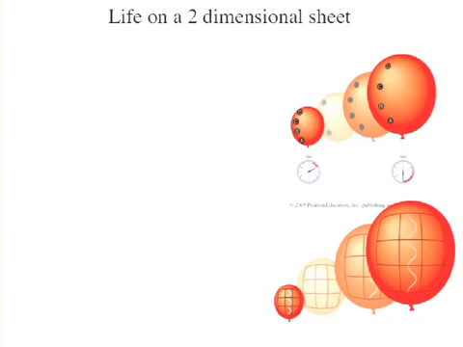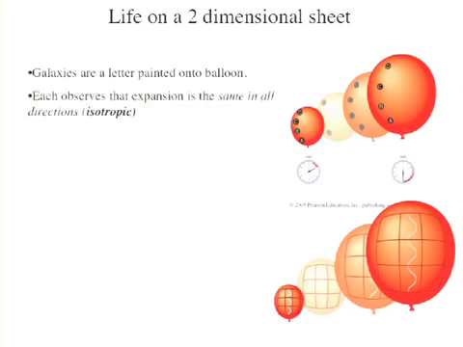All right, now, galaxies are a letter painted onto this balloon. Each one the same. The expansion of the universe appears to be the same in all directions, and that's what we call isotropic.